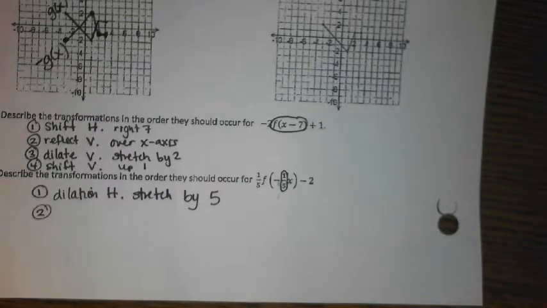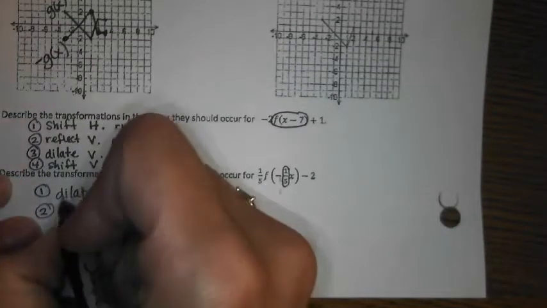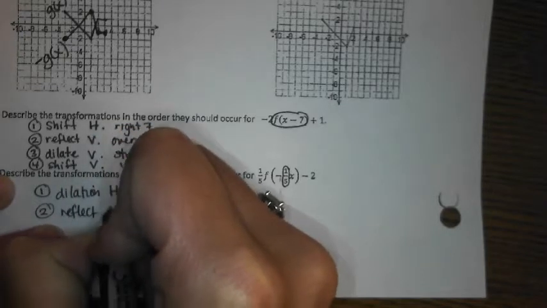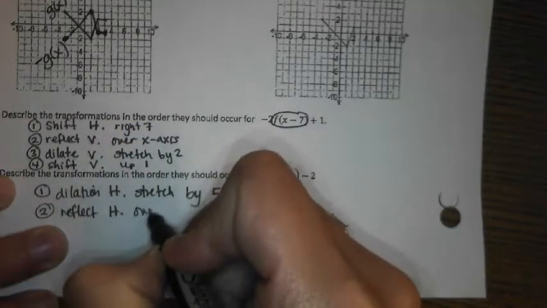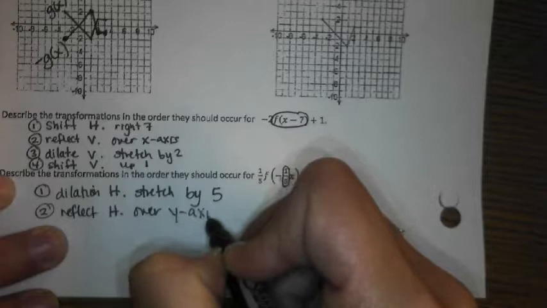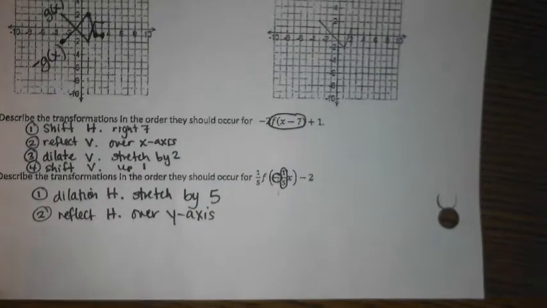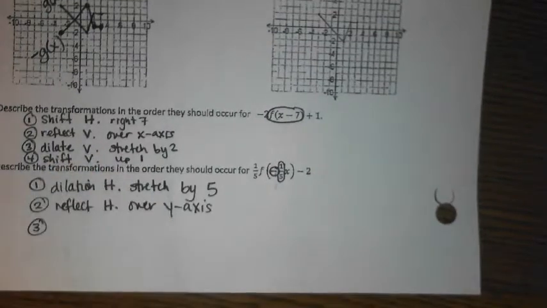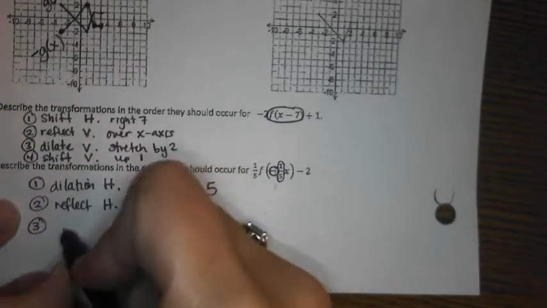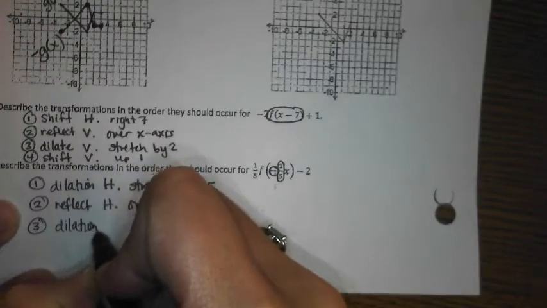So Nathan H., what would you say for that? Over what axis? Very good. So that handles the negative. That touches everything inside the function. What would you say next? Zach? A dilation. Yep. Horizontal or vertical?